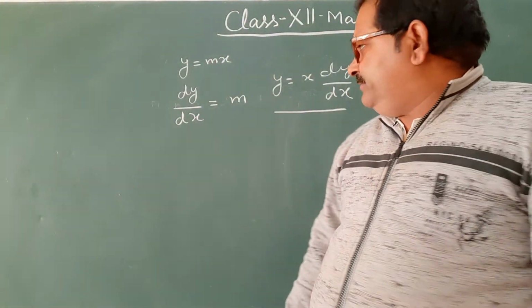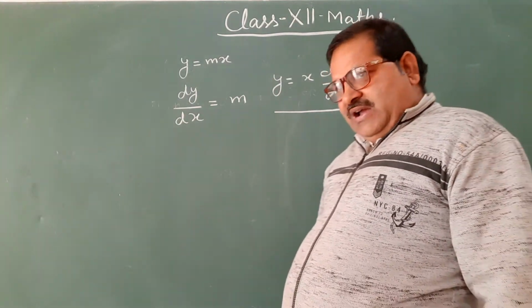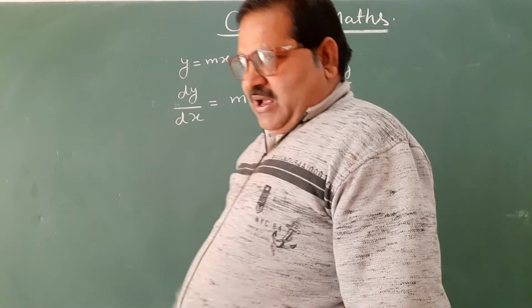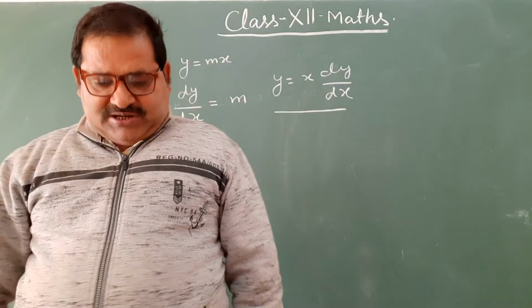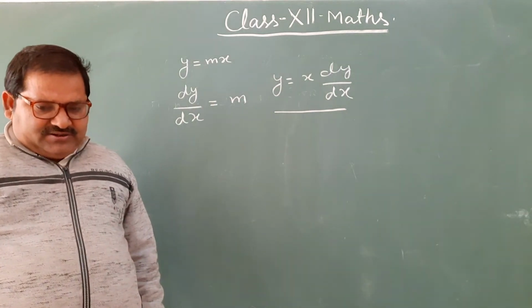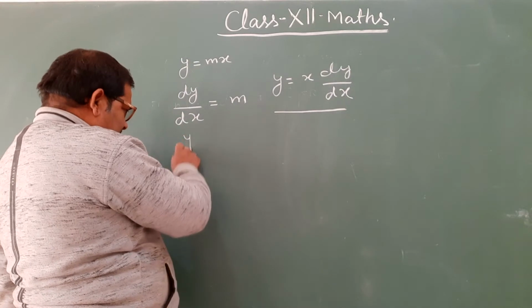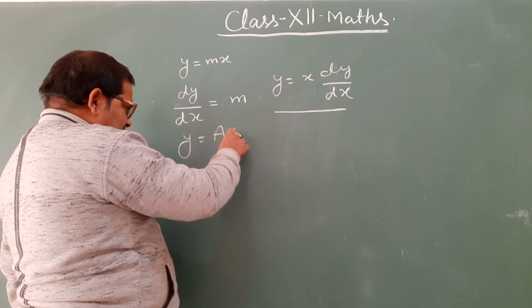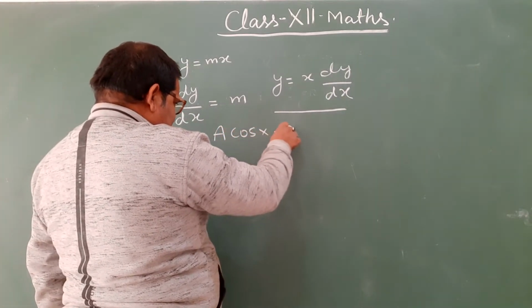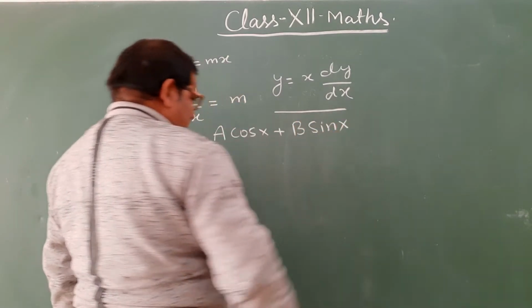Now another example, an equation with two arbitrary constants: y is equal to a cos x plus b sin x.